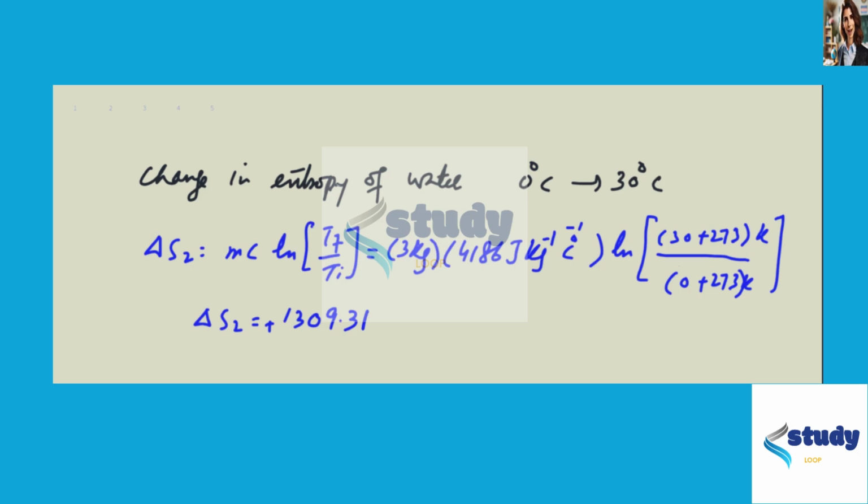Now we want to calculate the net change in entropy. So the net change in entropy is equal to the entropy change of ice plus the entropy change of 6 kg water when it cools, and the entropy change of 3 kg water when it warms.